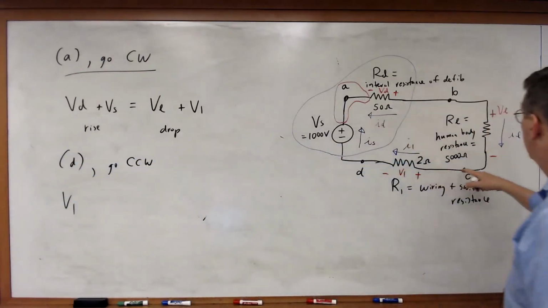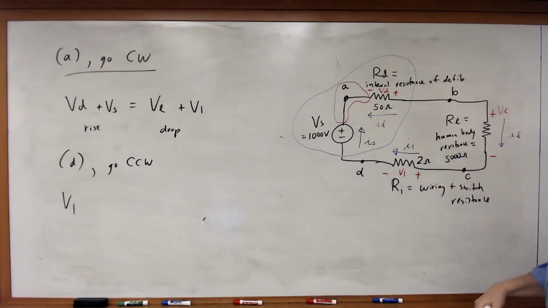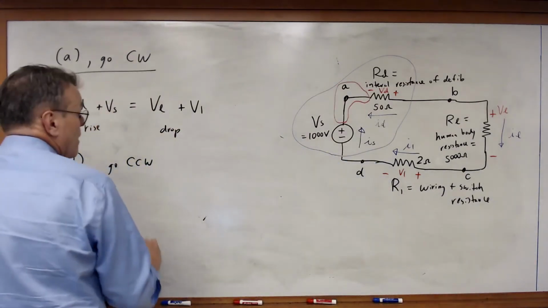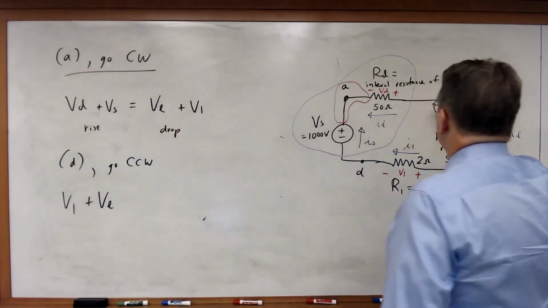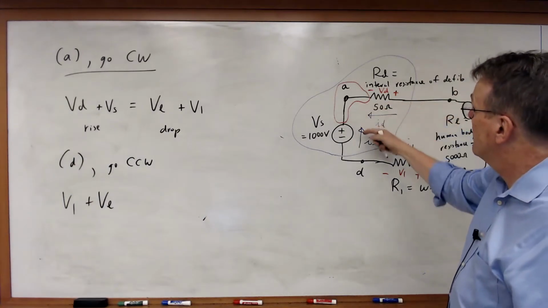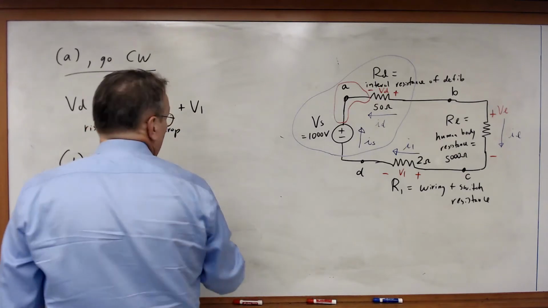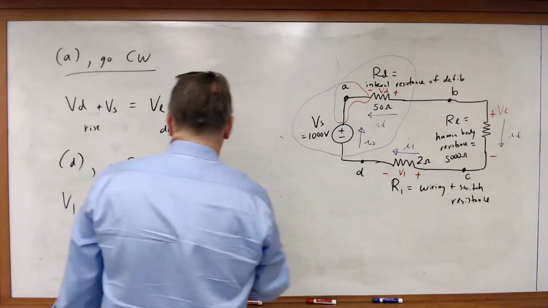Continuing around, VL is a rise. Keep going around, VD is a drop. VS is a drop.